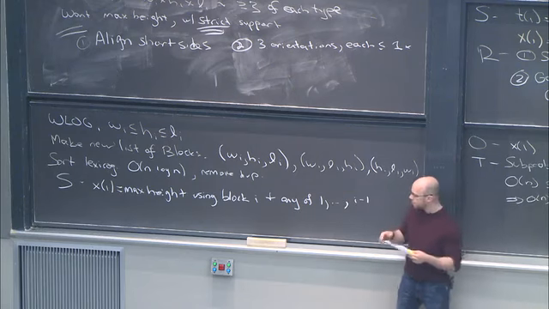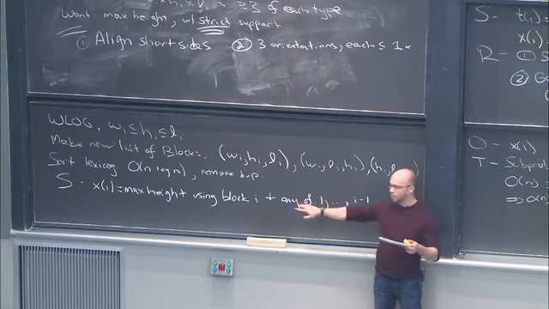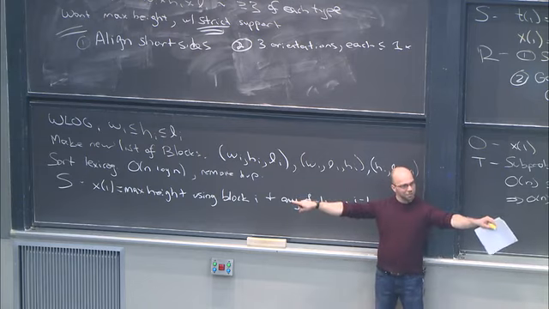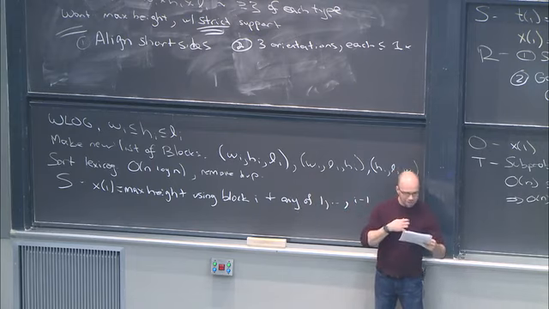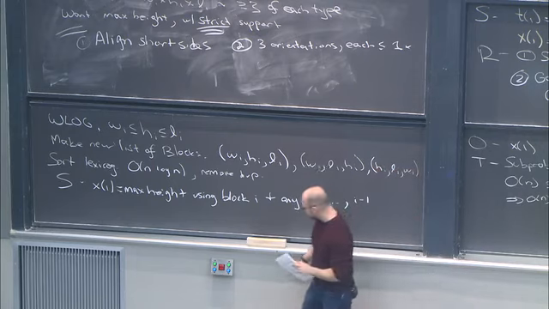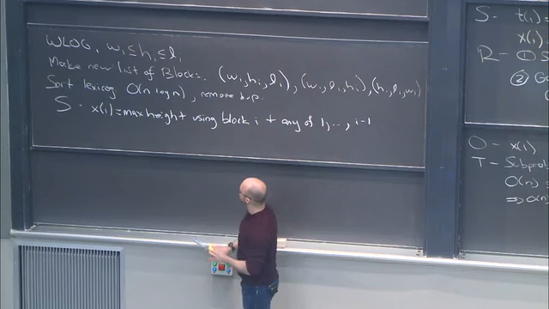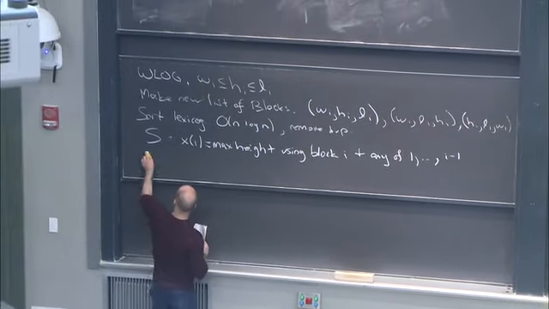Okay. So this is a problem. Obviously, if I could solve for x, I would be done, right? Because I could get the maximum height by just iterating over all the x's and choosing the biggest possible value here. And the question is, how do I do this recursively? Okay, so here's our recursive step.